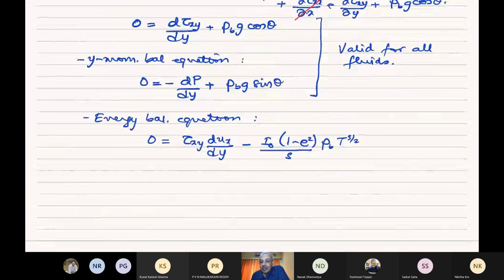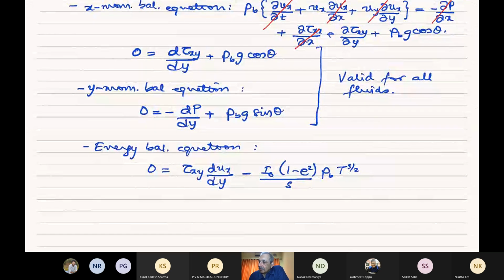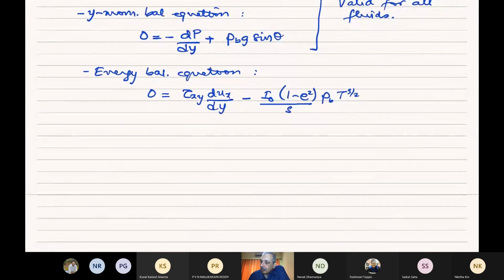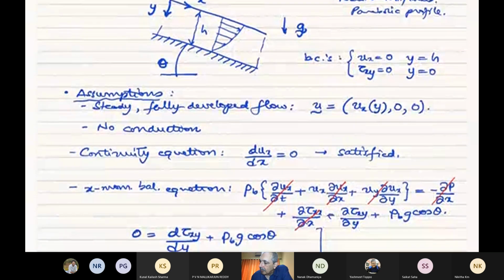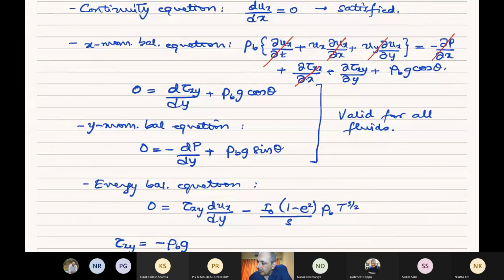Now, if you just integrate these equations, because this is a constant, this is a constant, you can easily integrate it. If you integrate it, taking that both pressure and stress are 0, then what you will get is that the shear stress is just equal to minus rho b into g. I made a mistake in writing these things down. This should have been interchanged.